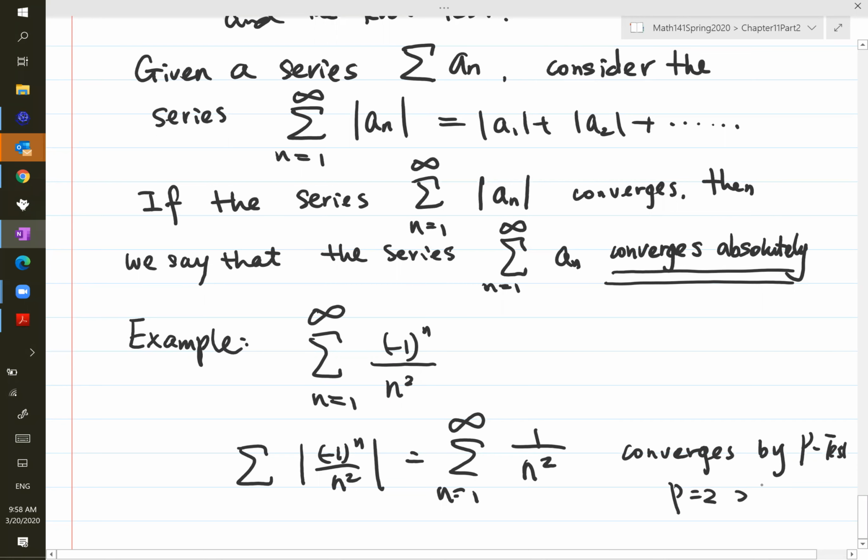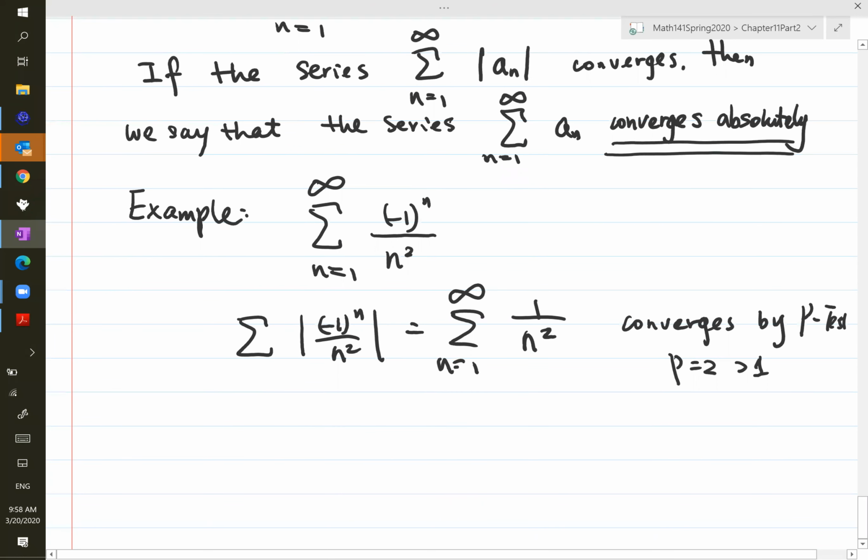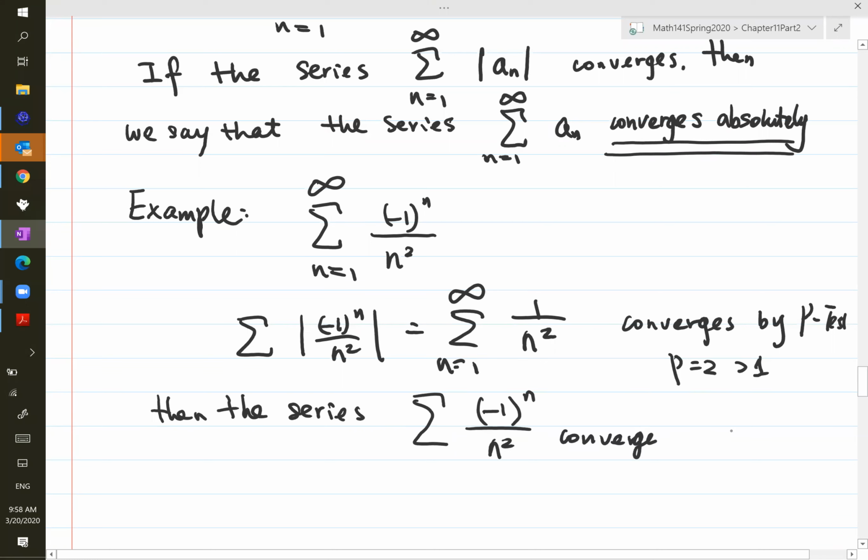Actually, we know it converges to pi squared over 6. Since taking the absolute value of every term gives a convergent series, by definition the original series converges absolutely.